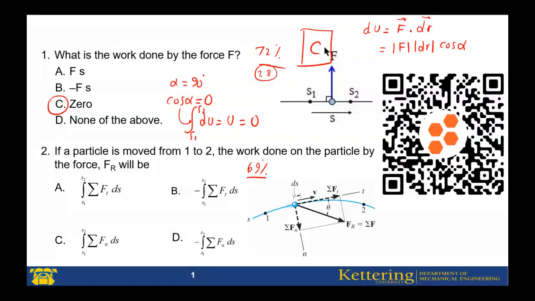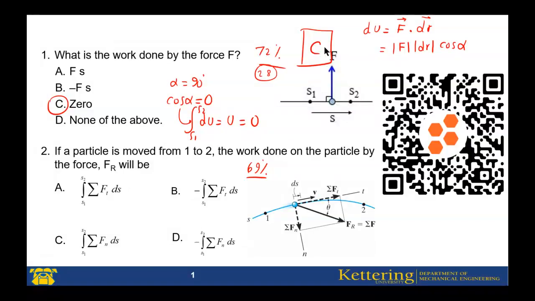if you answer this one correctly, you can easily eliminate options C and D. Fn does not do any type of work because it is perpendicular to the direction of the motion. The only term that can do work is sigma Ft.